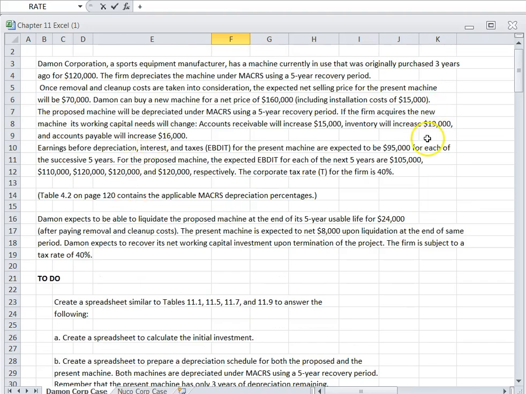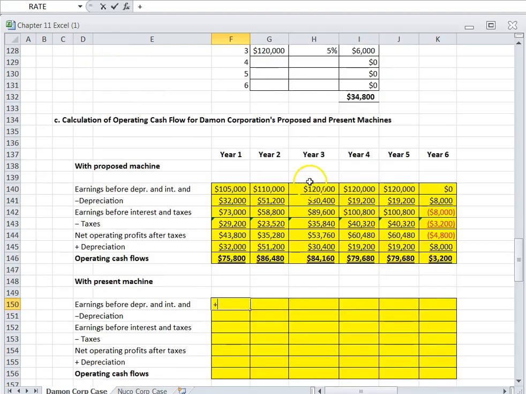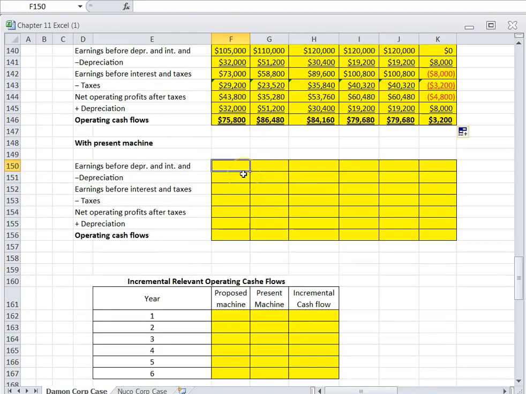Okay, so I'm going to have to go back in the problem here. Okay, the earnings before depreciation, interest, and taxes are expected to be $95,000 for each year. Okay, so that makes it easy. So I'm just going to put 95,000. It's going to be the same for all the years, so we'll leave it like that.